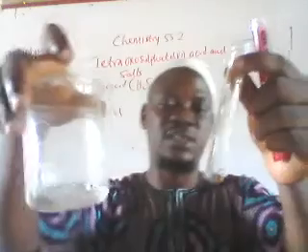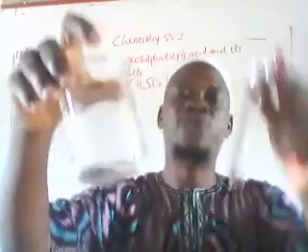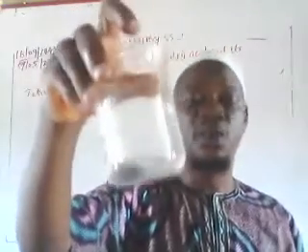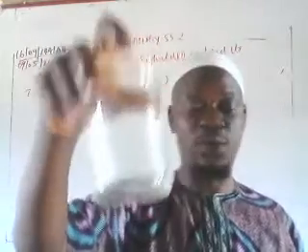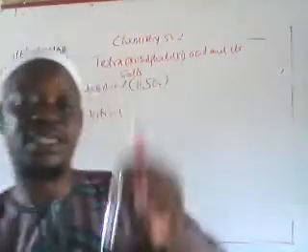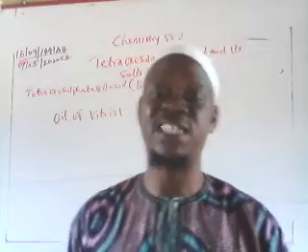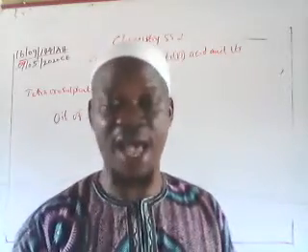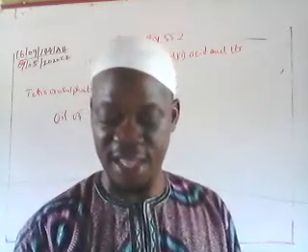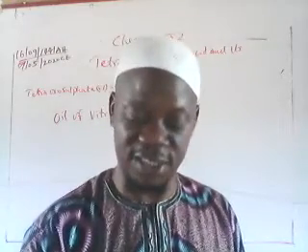This is a solution of tetraoxosulphate acid. So the acidic nature is usually exhibited in dilute form, but when it is in concentrated form, it reacts otherwise, which we are going to look at as specific or peculiar properties of tetraoxosulphate(VI) acid.